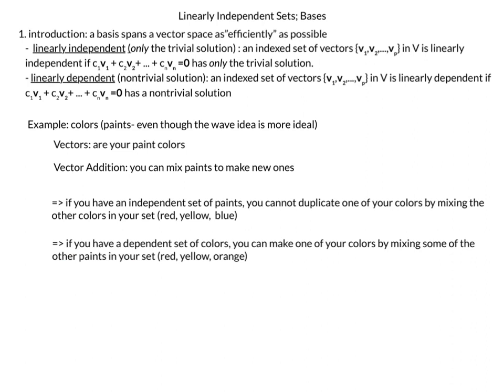For example, if you had the set red, yellow, and orange, orange can be made by mixing red and yellow. So being dependent means you can make one of your vectors from the remaining vectors in your set. To be independent means none of the vectors can be combined to make another vector.